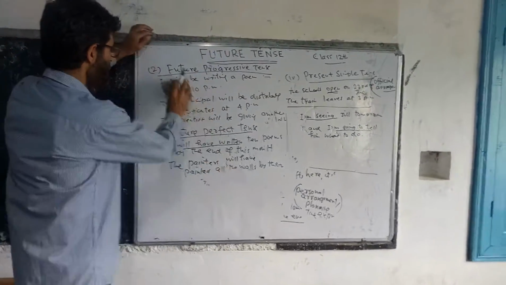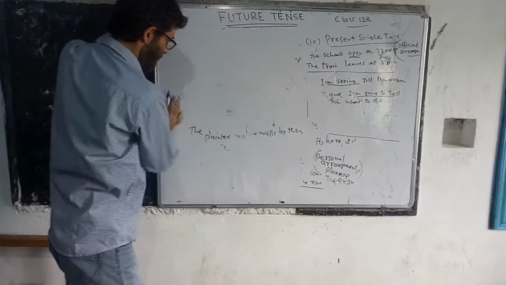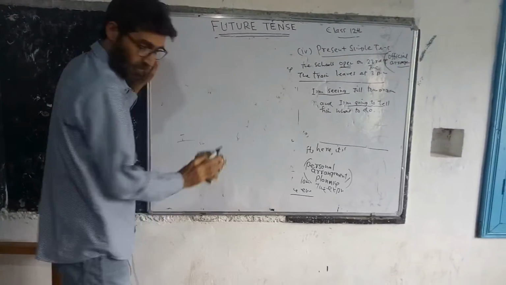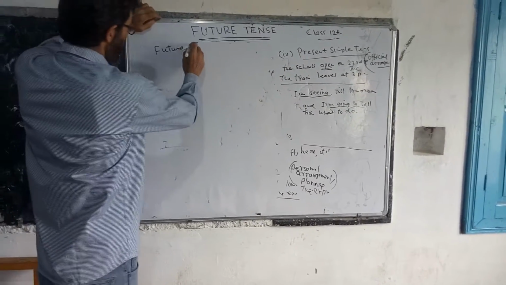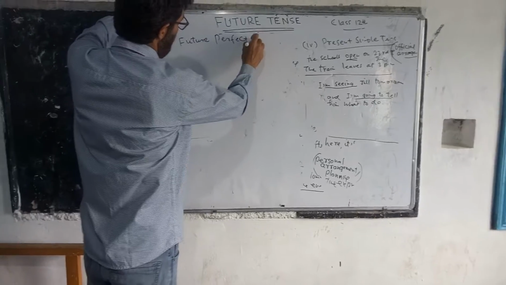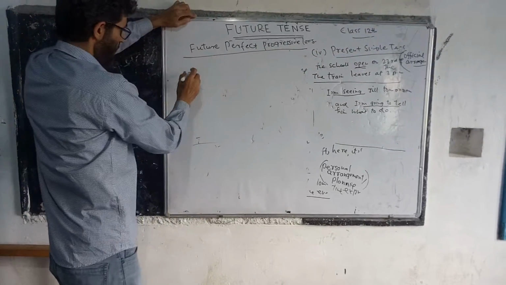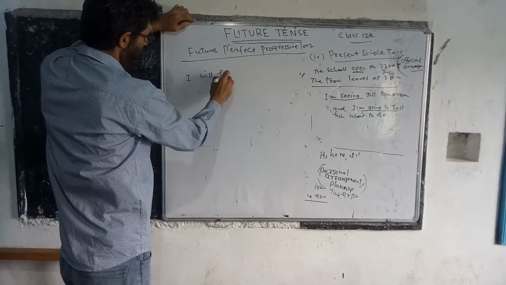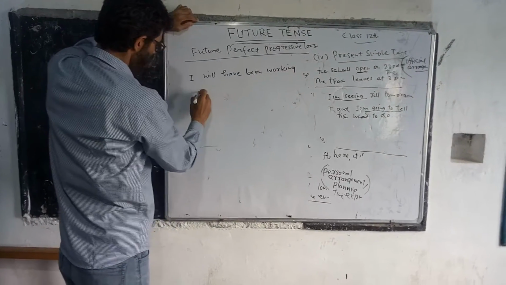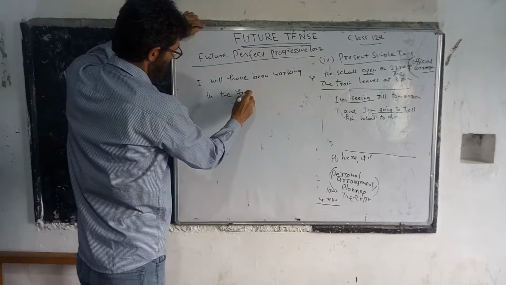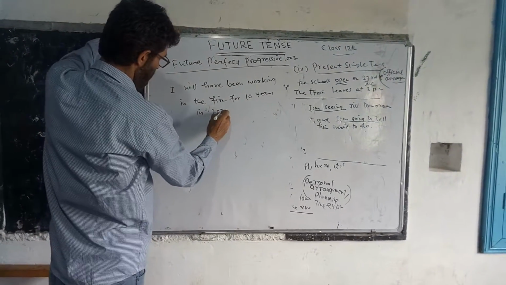तो last है, जो last आपको देखना है, future perfect progressive tense. Example है, I will have been working in the firm for 10 years in 2025.